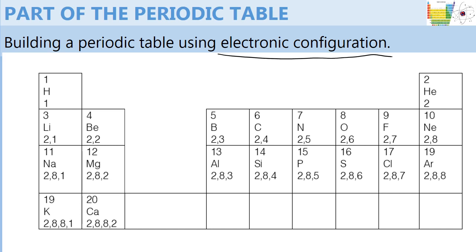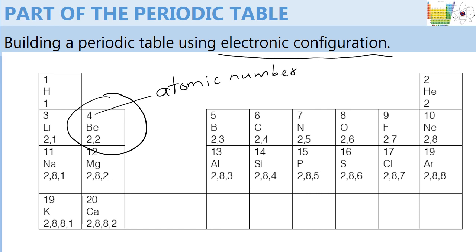Look at beryllium. The number above the symbol Be is the atomic number, while the numbers below are the electronic configuration. And of course, Be is the symbol of the element.